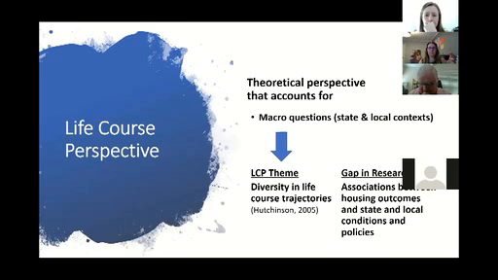So looking at housing foreclosures and how that might affect rental properties. And then state conditions, the extended care policies are different in the 3 states that I'm looking at. So this speaks to the diversity in life course trajectories based on these conditions at the local and state level.